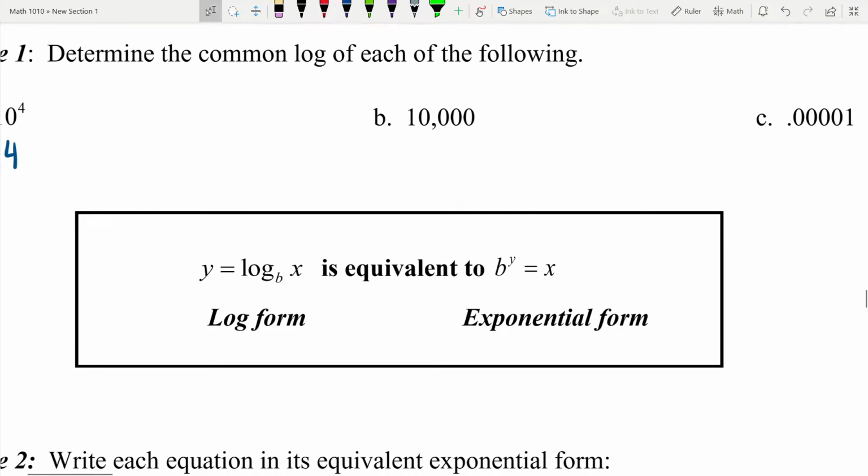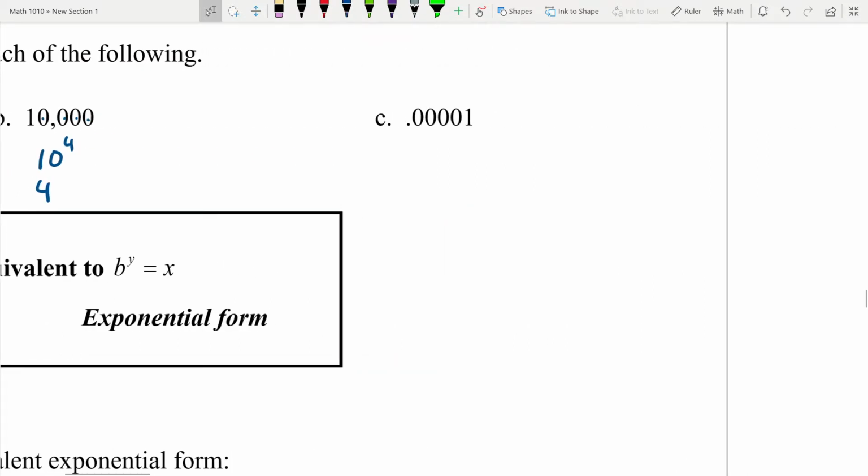On question B, first thing I have to do is I have to write it as a 10 with an exponent. You guys, it's so easy. Look right here. You have 1, 2, 3, 4 zeros. So that would be a 10 to the 4th. So question A and question B are really the same thing. So the common log is a 4. That's it.